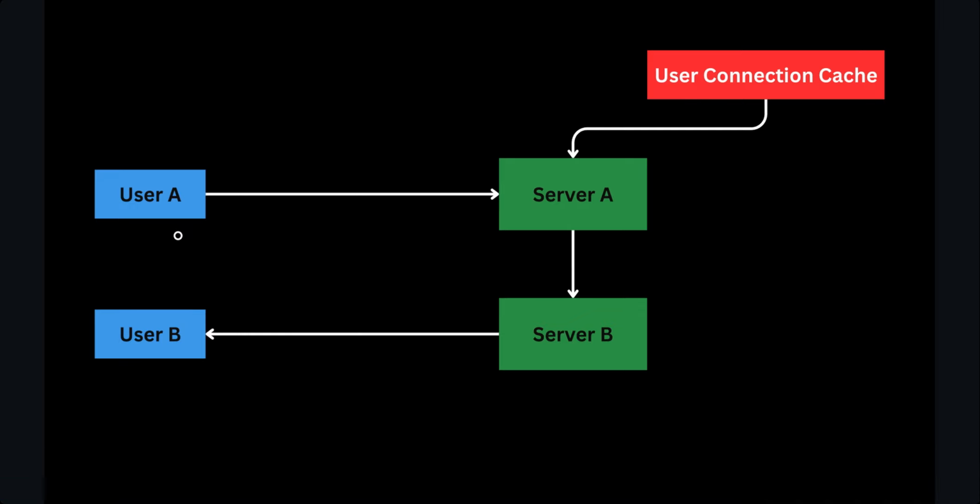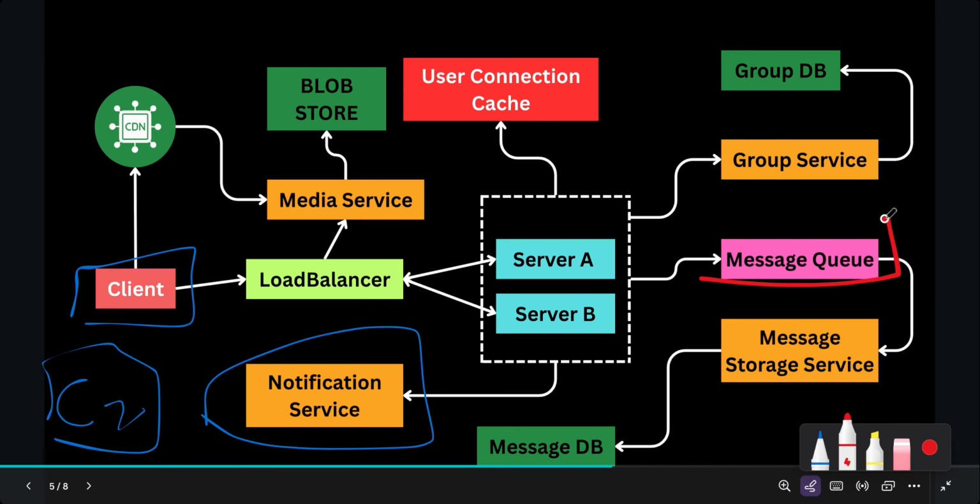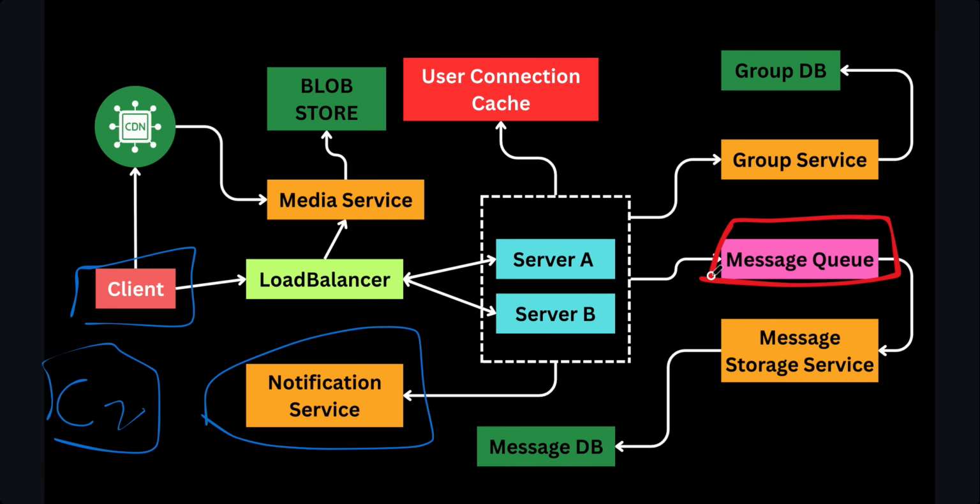So when user A sends a message, it is transmitted over their WebSocket connection to the server handling their connection, which here is server A. Whenever server A receives the message, it pushes it to the message queue, the message queue that you have seen in our high level design, and it sends an acknowledgement back to user A that the message is sent.